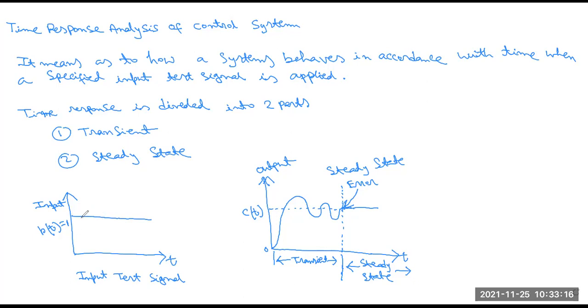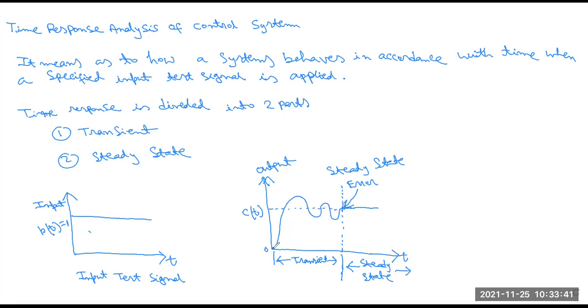This is the input signal, when r(t) equals 1, that means the unit step function as our input test signal. When you follow this output signal, it has two parts: one is the transient part, another is the steady state response. So from 0 to this step, there are big changes.